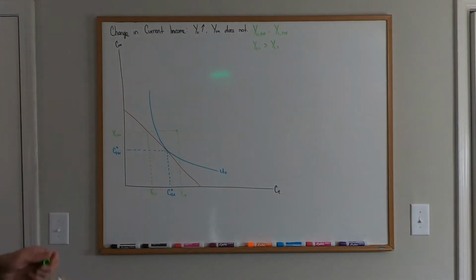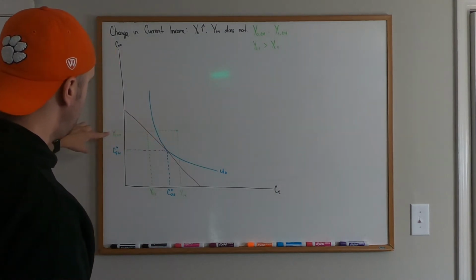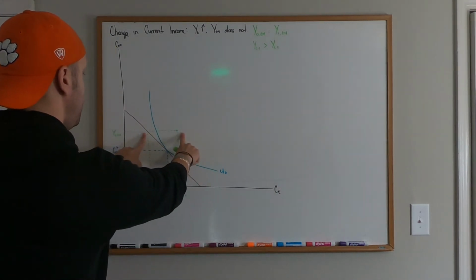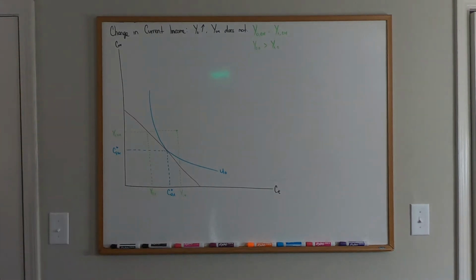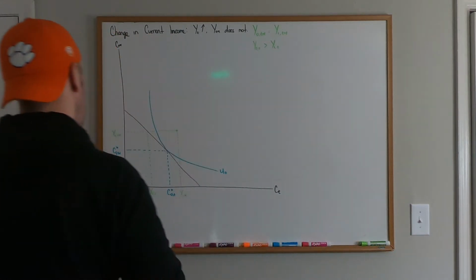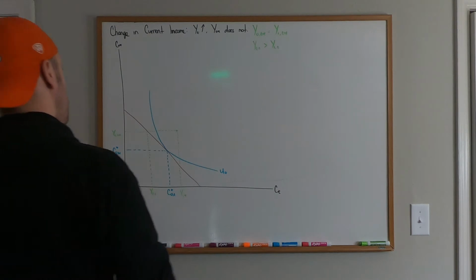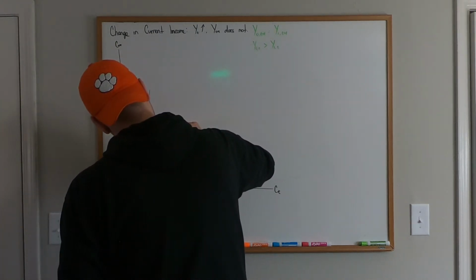All right, well, YT increased. YT plus 1 didn't. So we see a horizontal shift by the distance that YT increased. So what does this do? It shifts the budget line out.